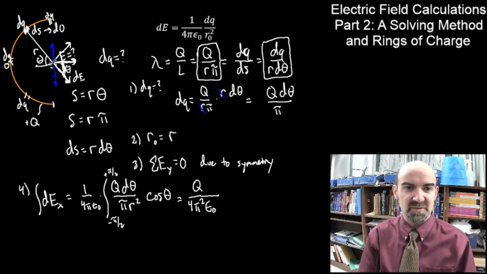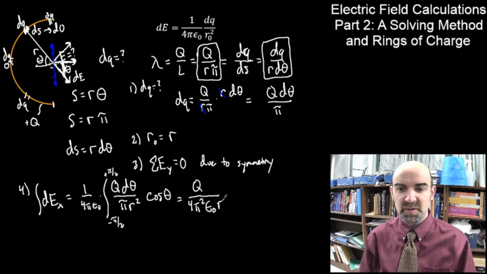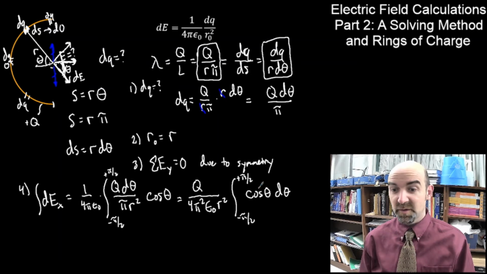Okay, r stays constant for all of our little bits dq. So that's also constant. And we got a nice, easy looking integral here. Cosine theta d theta. Okay, and we're going from negative pi halves to positive pi halves. There it is. All right.